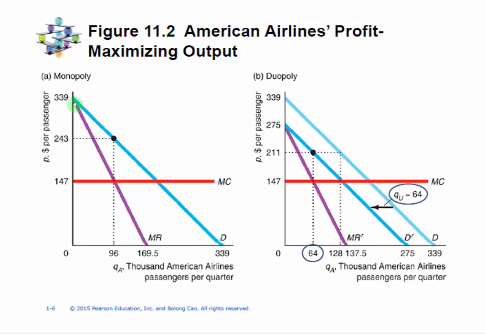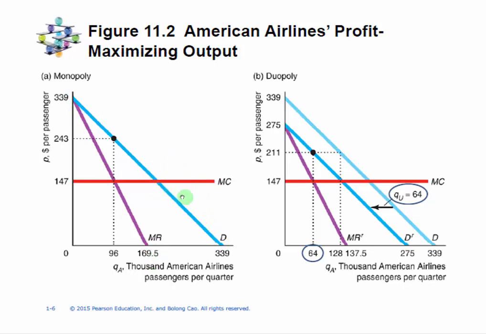Then we know that the marginal revenue will be 339 minus 2Q. This is the marginal revenue curve. For both American Airlines and United Airlines, we assume a constant marginal cost of $147.